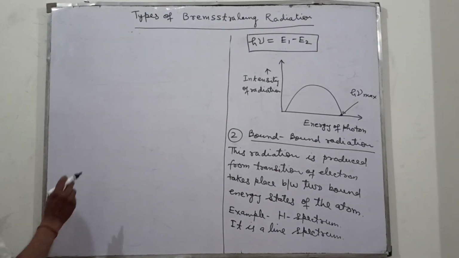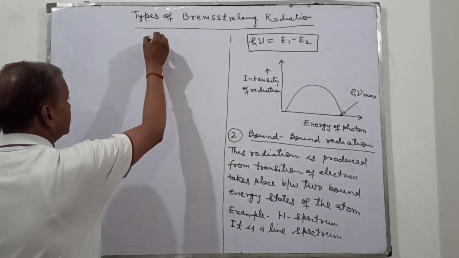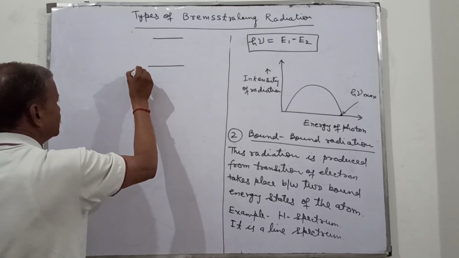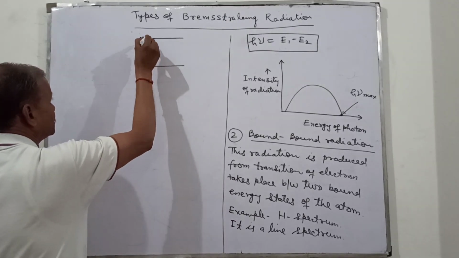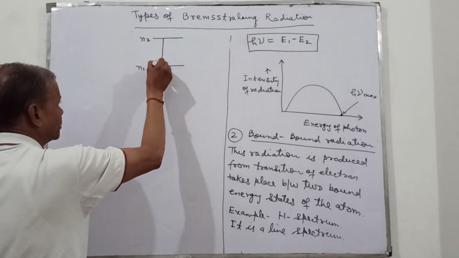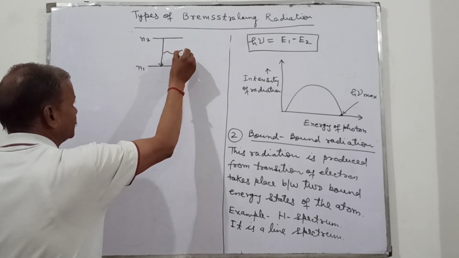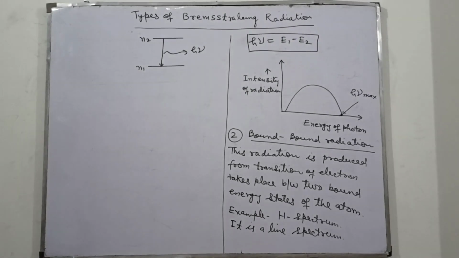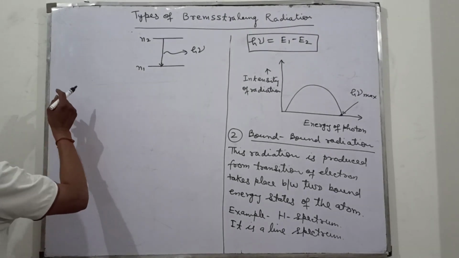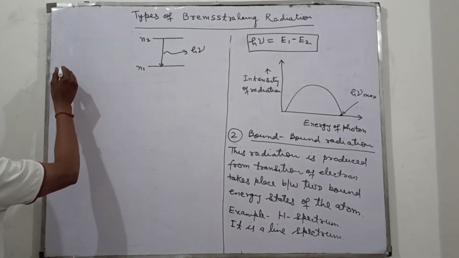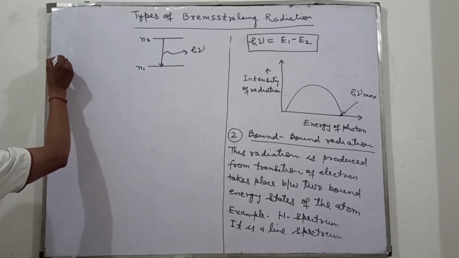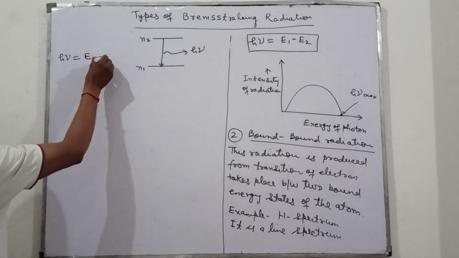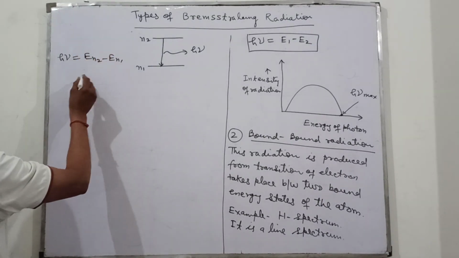So what happens is that suppose here we have these two bound states. This is energy state n1, this is energy state n2, and the transition of electron takes place in this one, then this photon will be emitted. So here h nu equals En2 minus En1.